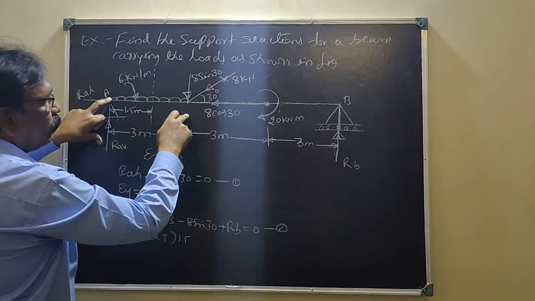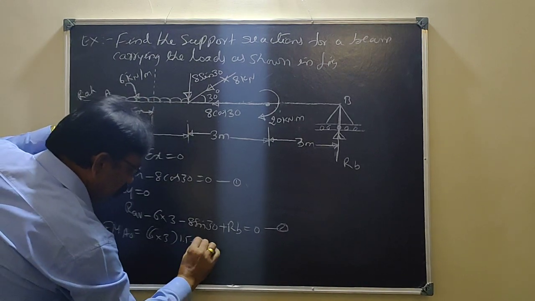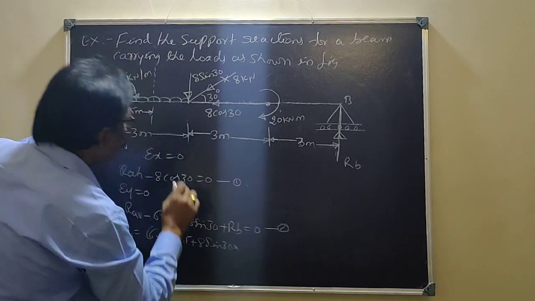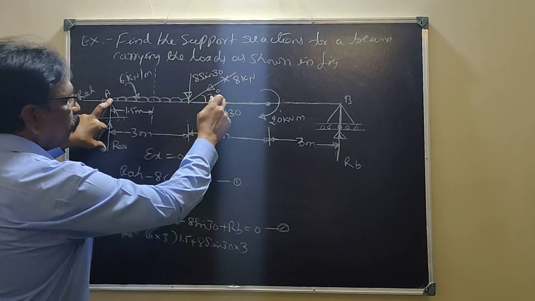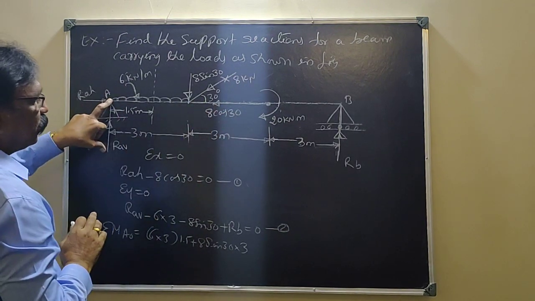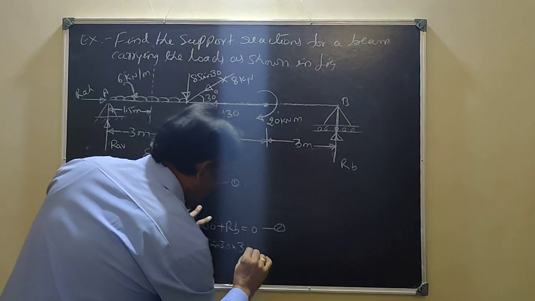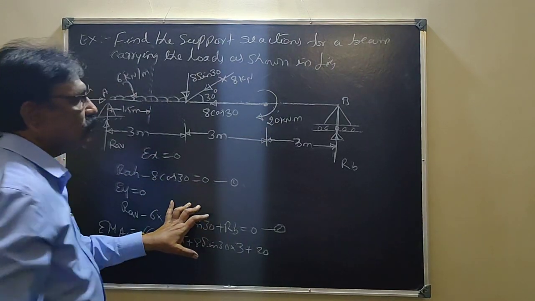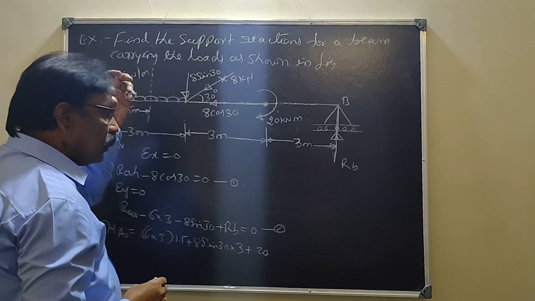Then the vertical component will again cause a clockwise moment, so plus 8 sin 30 into the distance of 3 meter. As far as the horizontal component is concerned, it is passing through A, so its moment is 0. Then the applied moment is clockwise, so directly we add it, that is 20, with nothing to multiply by the distance, because you only have to consider the direction in which it acts.